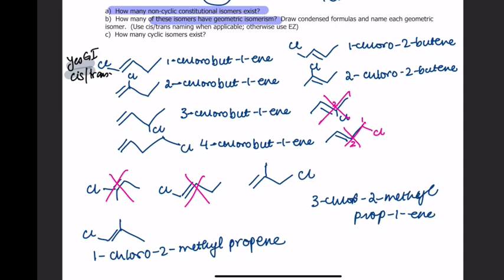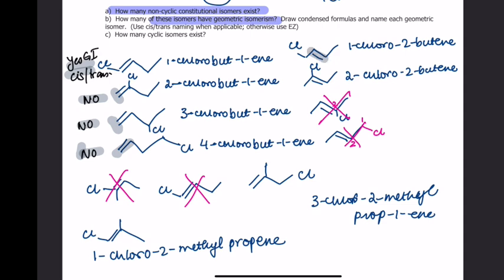The second one, well, there are 2 hydrogens on this carbon, therefore no geometric isomerism. Same problem, 2 hydrogens on this carbon, so no geometric isomerism. 2 hydrogens on that carbon, so no geometric isomerism possible.